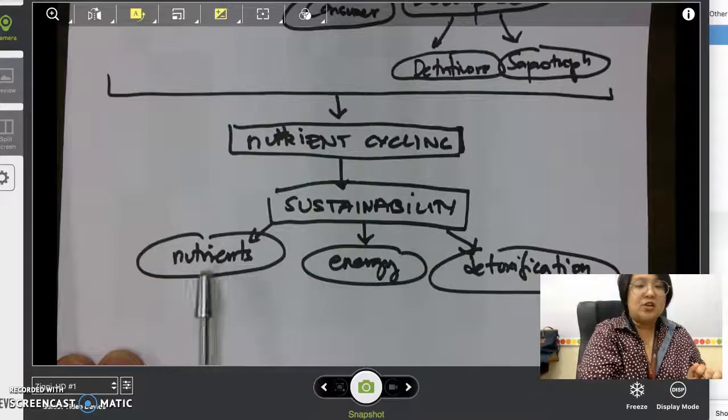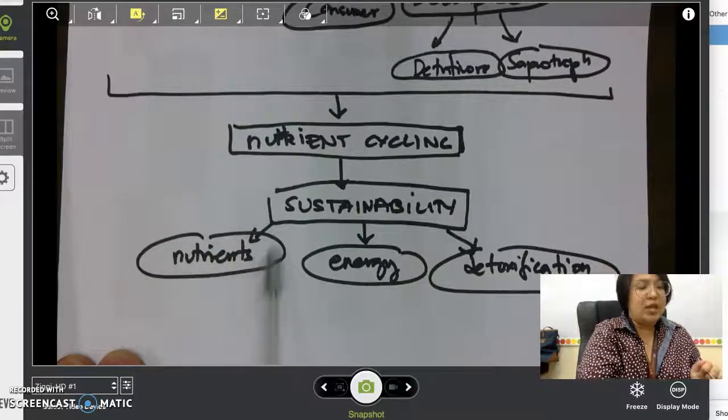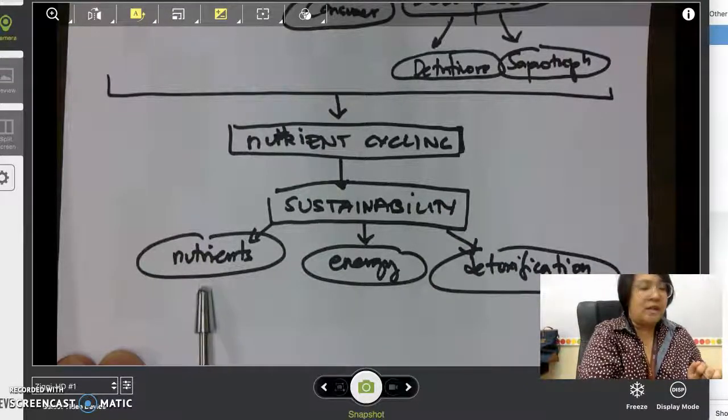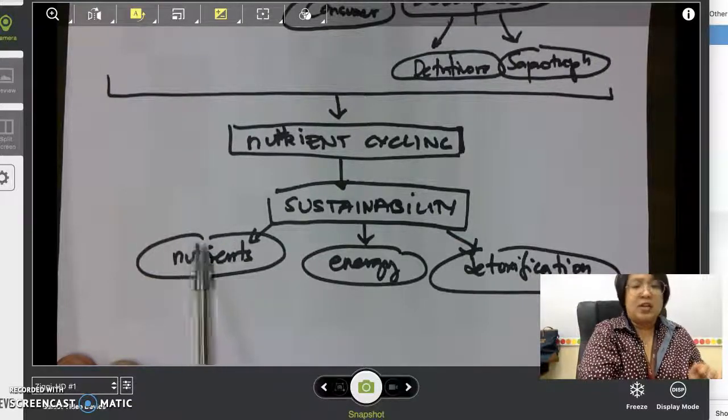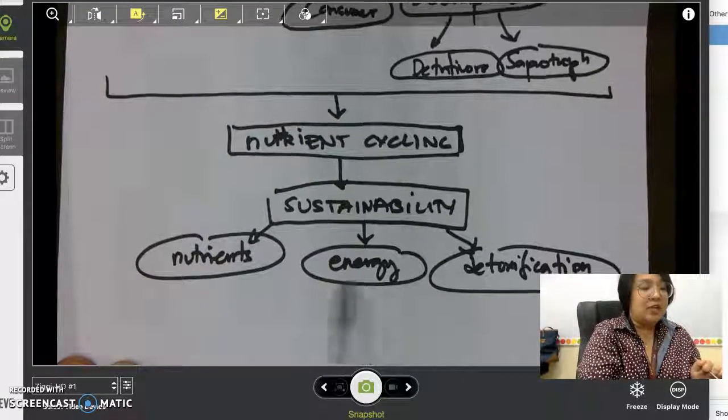Now, for an ecosystem to be called sustainable, you have to remember three key ingredients. First, there should be nutrients. Now, where are these coming from? Let's say from the soil. So there are different types of minerals there in the soil. It can also be in the air, like the carbon dioxide, or water that is absorbed by your plant. And then this is very important, energy. Without energy, or without the sunlight, there's no initial source of energy that can be used by the plants to make their food.